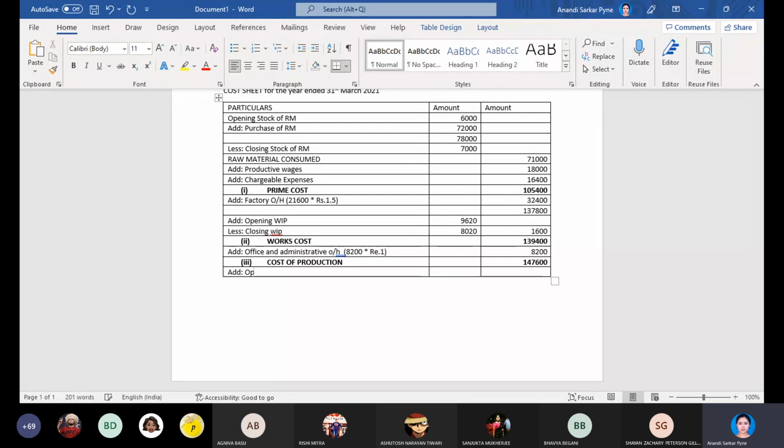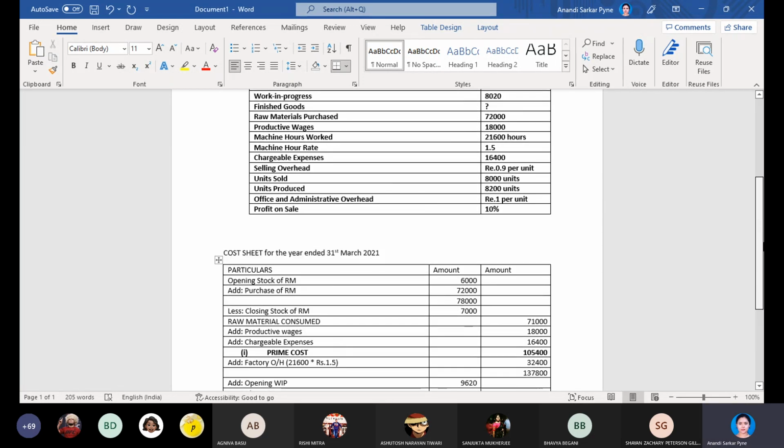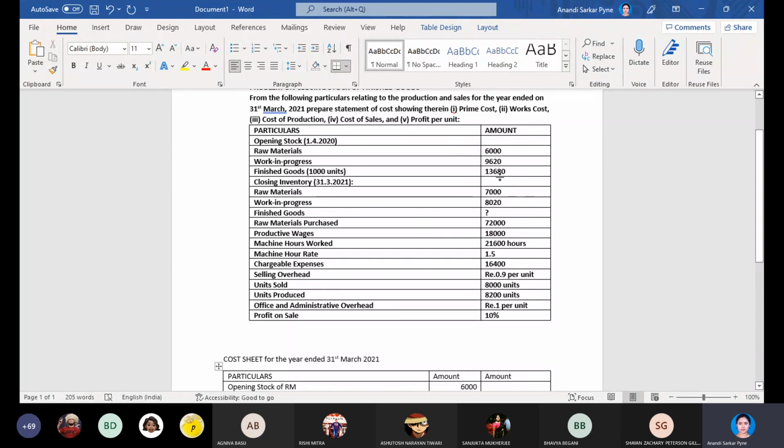Now we will be adding opening stock of finished goods, which has been mentioned in the problem as 13,680, whose units is 1,000.